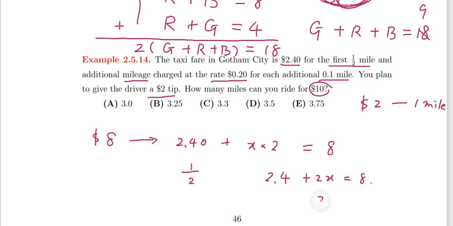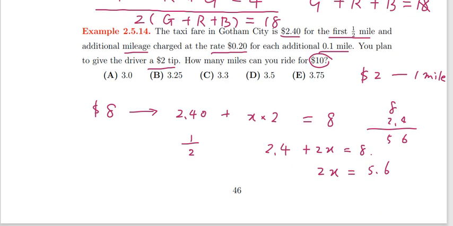So 2x equals 8 minus 2.4, 5.6, right? So x equals 5.6 divided by 2, 2.8 miles.